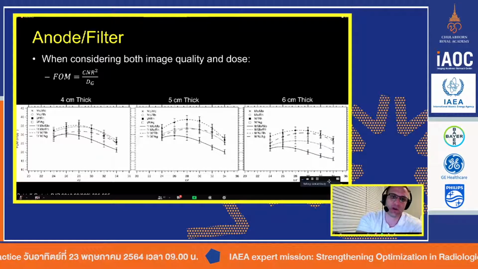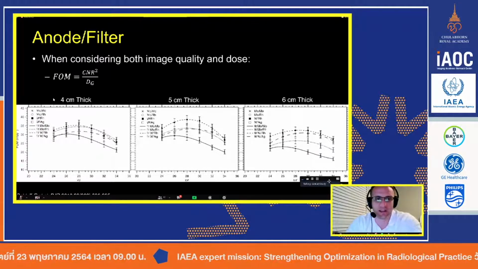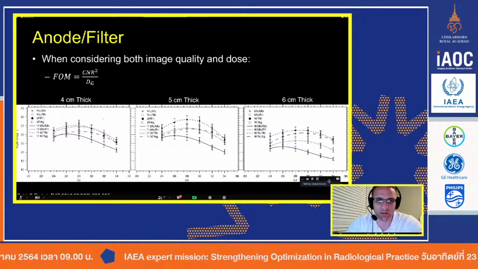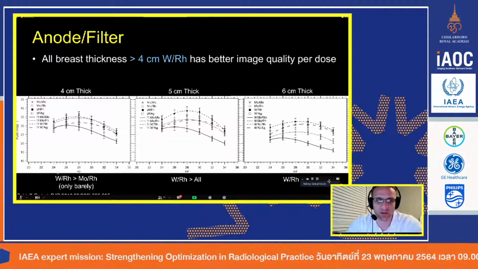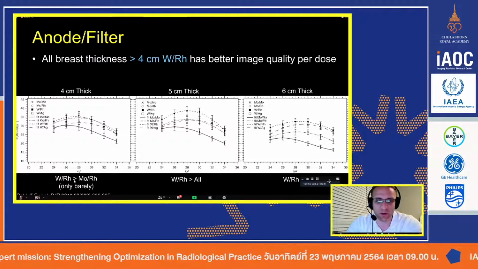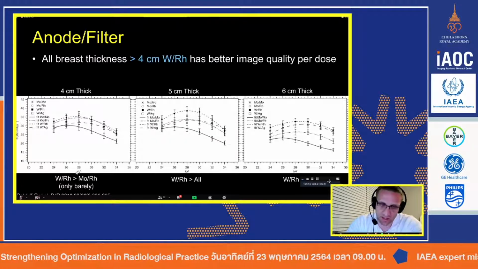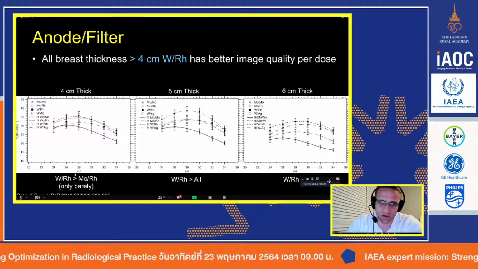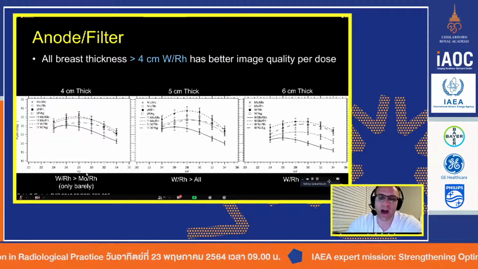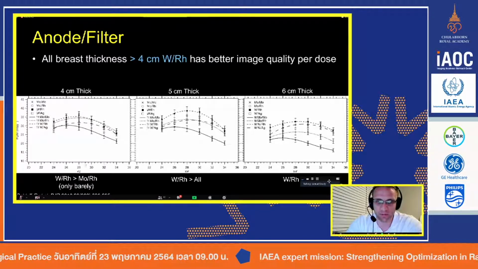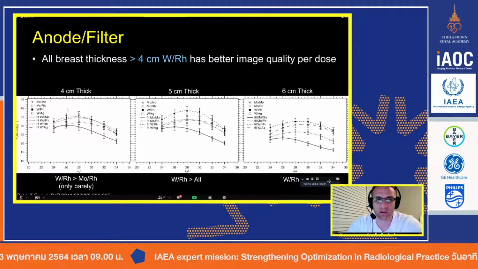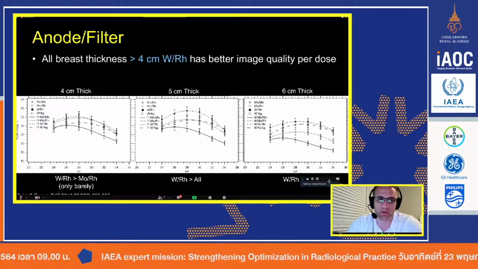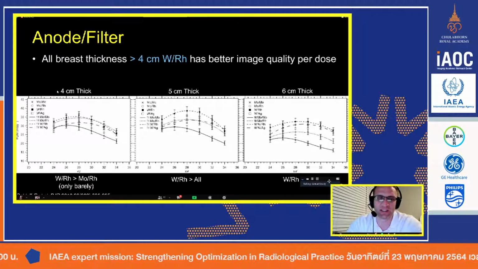So the point here is that for breasts up to 4 centimeters thick, tungsten rhodium was better in dose and image quality, but not that much better than moly rhodium. So you could technically still use moly rhodium for 4 centimeters and less.